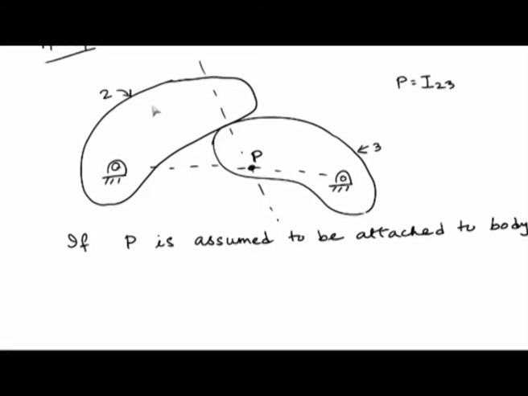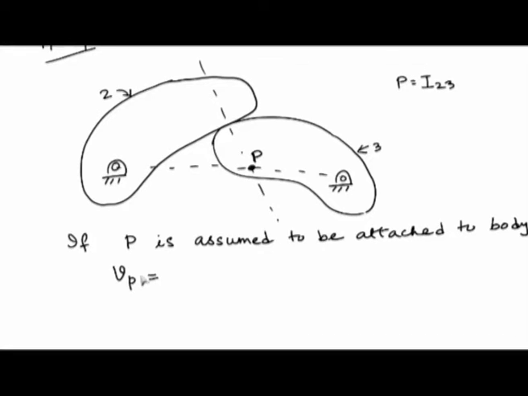It does not matter if the point P actually lies outside the physical extent of the body, that is irrelevant. I can still consider a fictitious extension of body 2 and construe this point P to be attached to body 2.